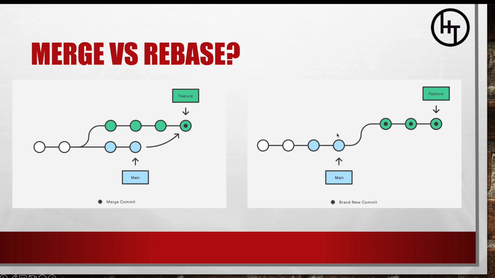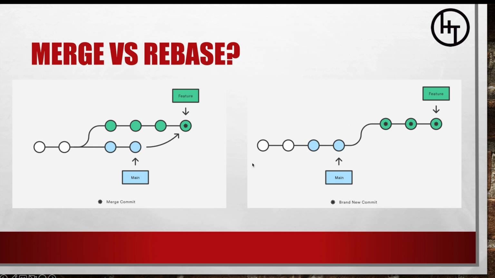But rebase is different. When you start here and you do some commits, and then you want to merge, it will move all of your commits to the end of the main, and it basically flattens the main that we had, and it adds new commits. So it's no longer the commits that you made here.